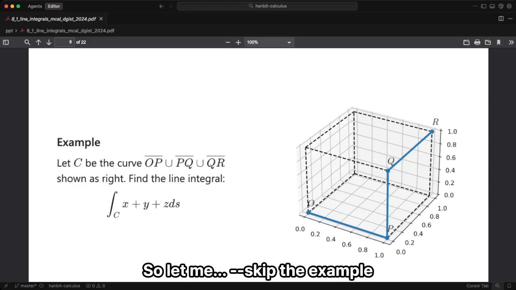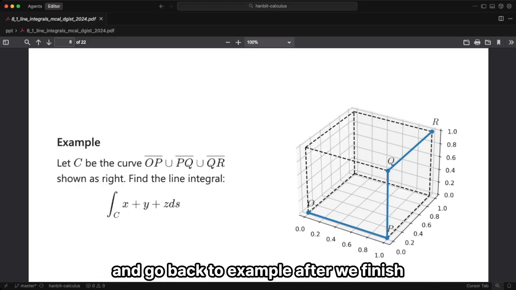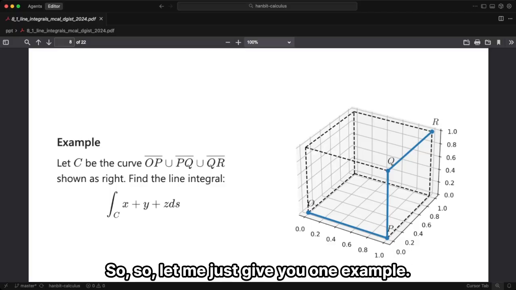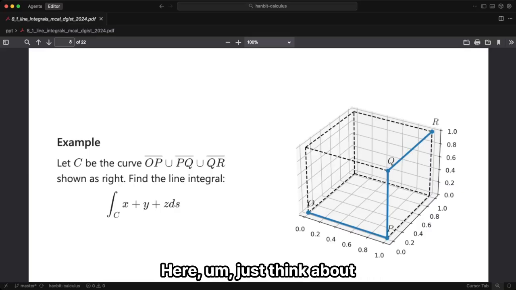Let me skip the example and go back to it after we finish, because I need to use the board. So let me just give you one example here. Just think about how you could tackle this question. I have a curve from O to P, P to Q, Q to R. So it consists of three line segments.